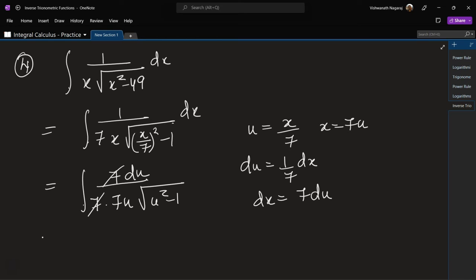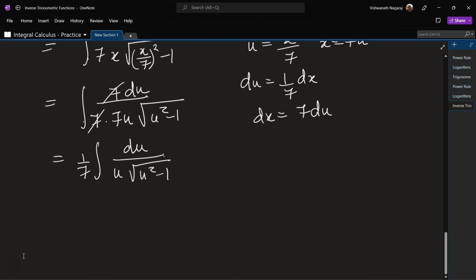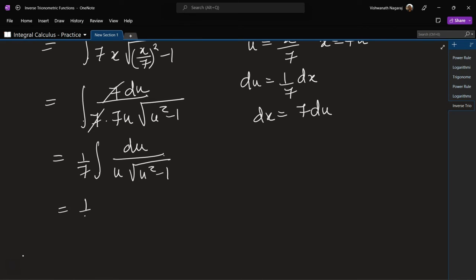So 7 and 7 cancel, and we have du, 1 by 7 we can take out, and we have u times square root of u square minus 1. So this is the form which we wanted. We have got it.